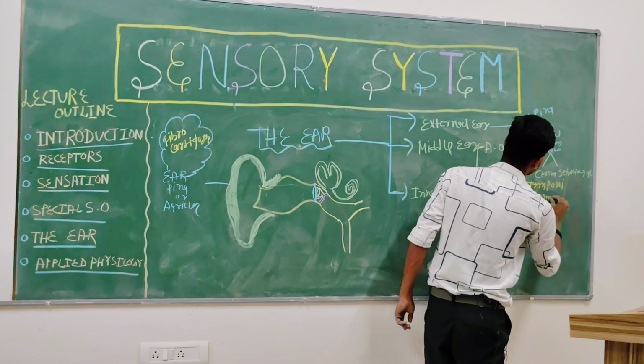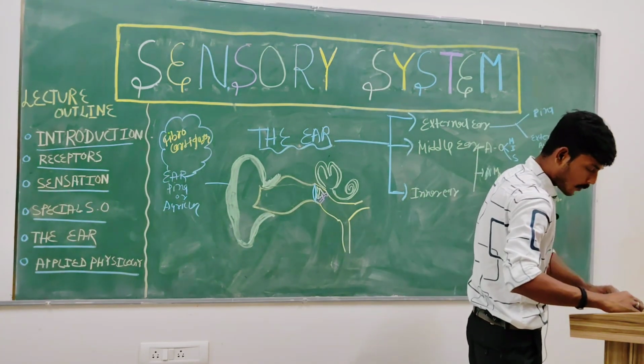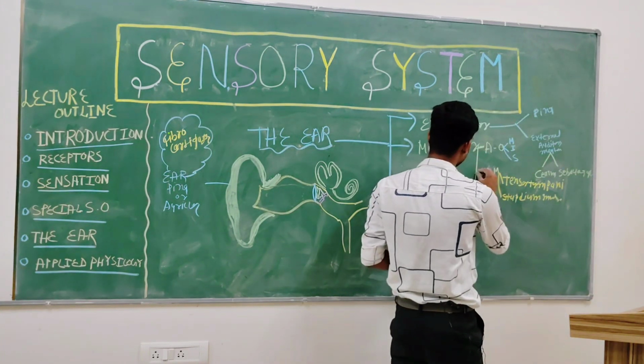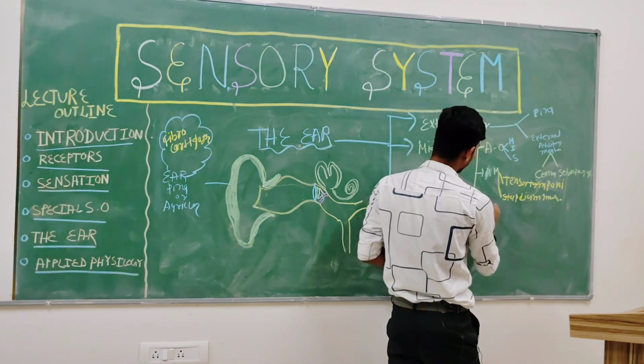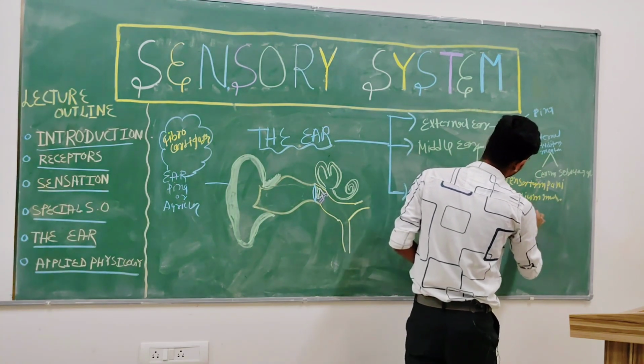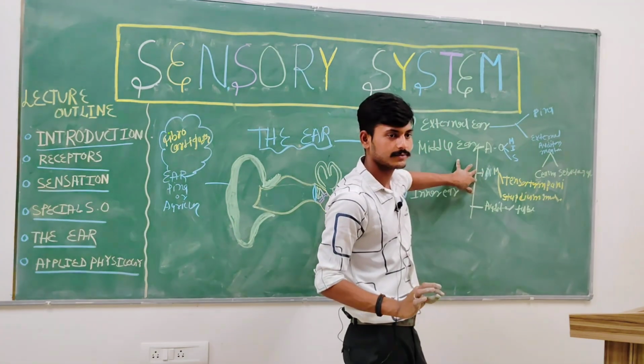Then we have one more thing called the auditory tube. That's part of the middle ear.